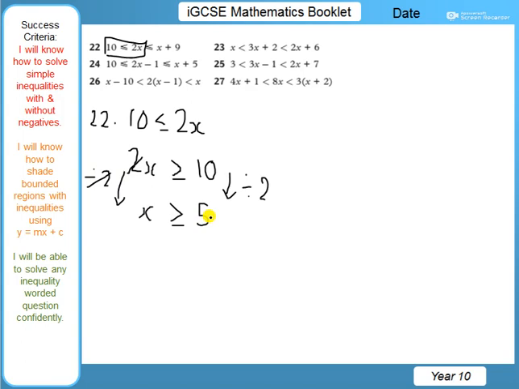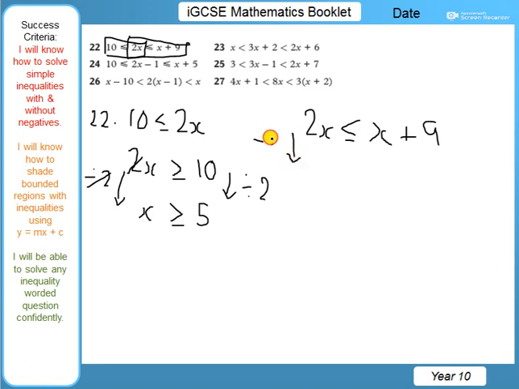Okay, and now we approach the second half of the inequality. We look at the second half here, so we write that down. This way, it's actually in the right order for us, so it makes our life a bit easier. So 2x is less than or equal to x plus 9. And we solve it in a similar way to the previous two slides.